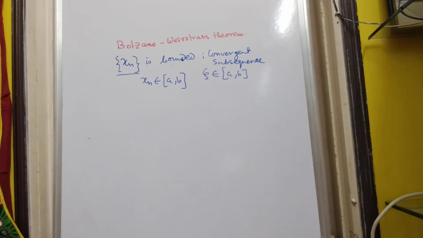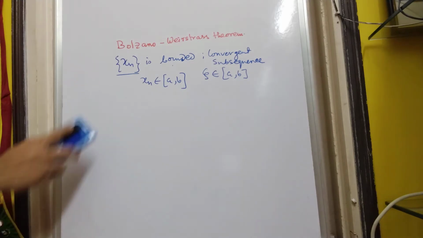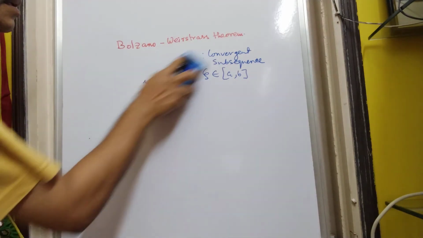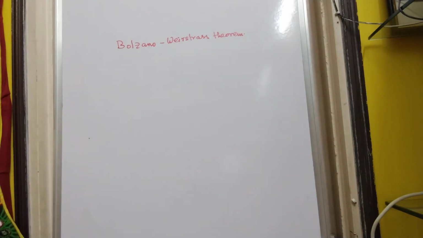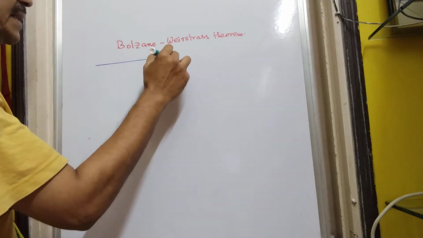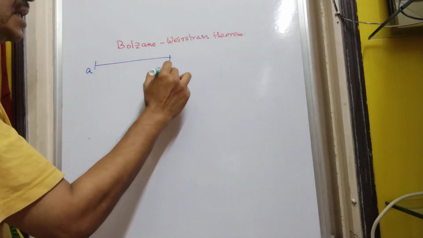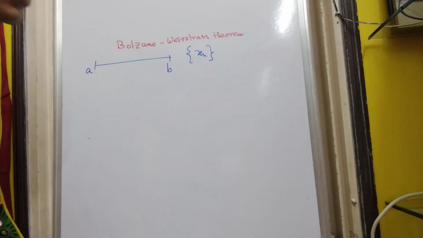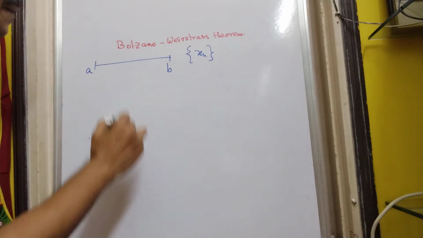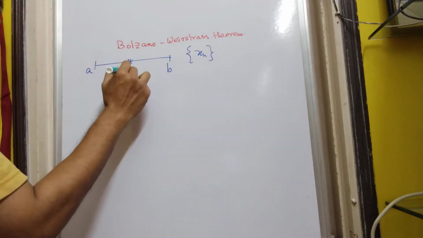Now let us try to prove it with the help of nested interval property. We assume that this interval a to b, which contains the bounded sequence xn, is divided into two equal parts.